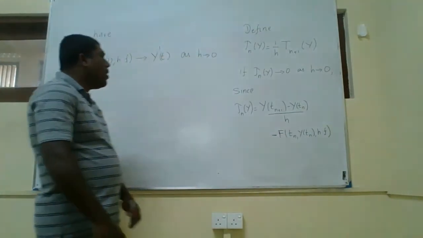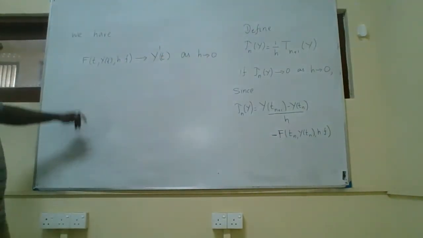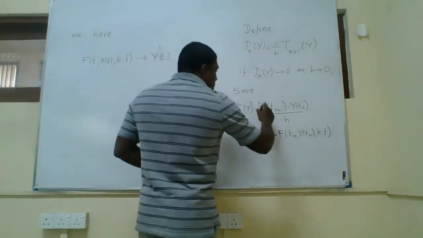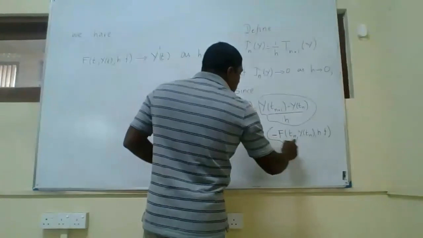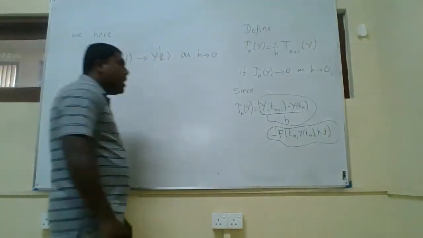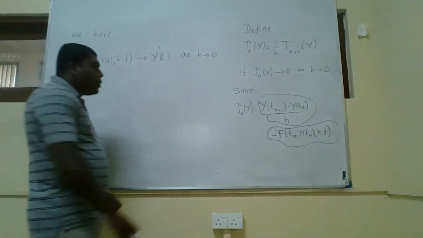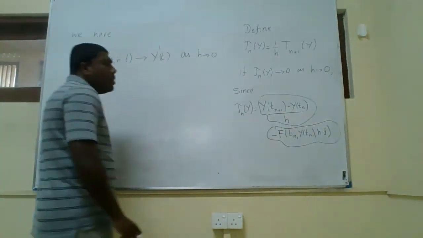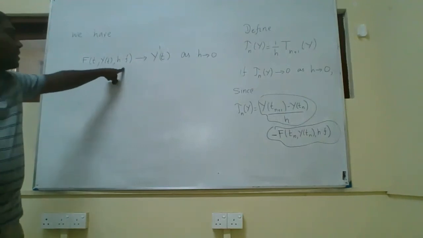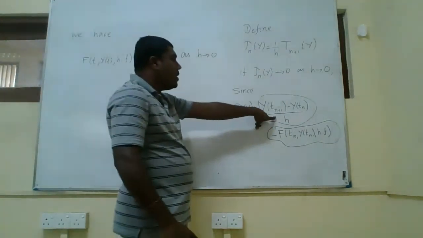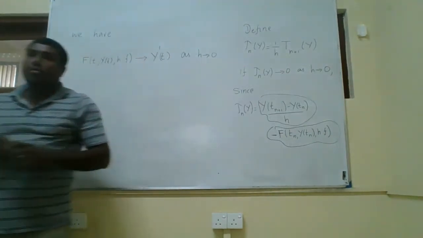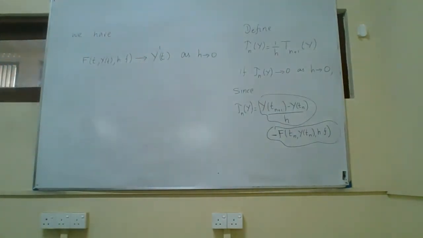So the limit of this and the limit of this should be equal, and this will be 0. As h goes to 0, the limit of this will equal the limit of this, and this is the definition of y prime. You all know that from A level, that is how you define y prime.